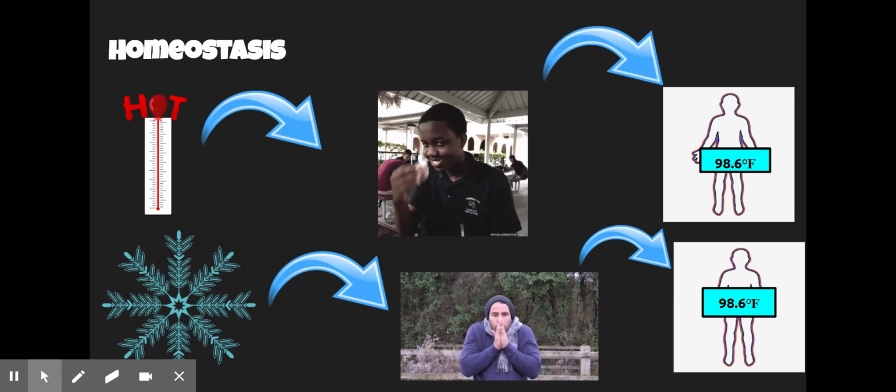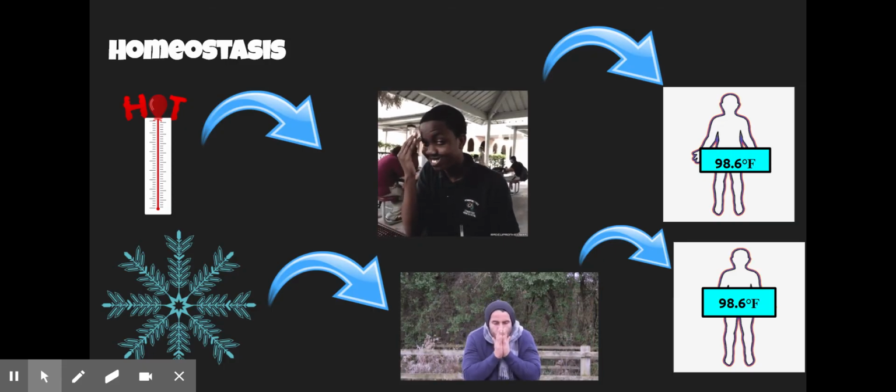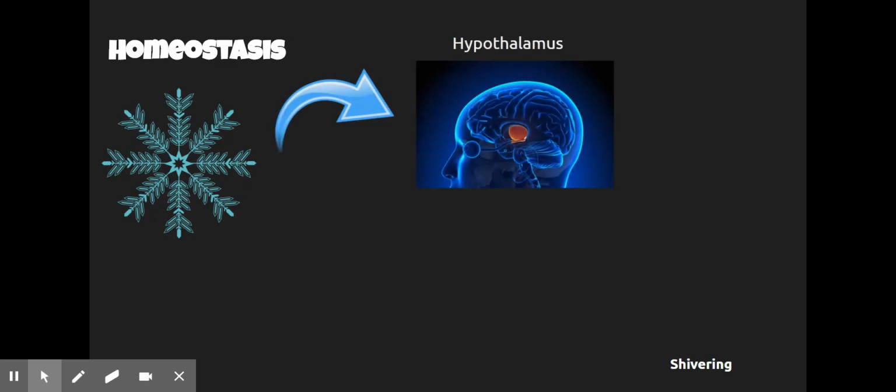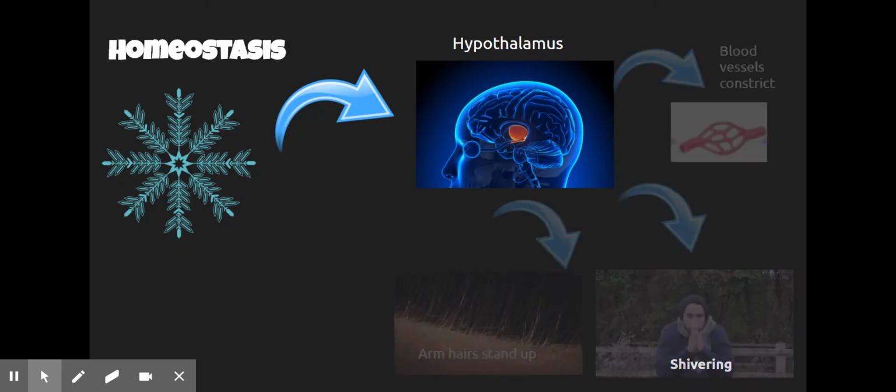All right, so using the example of when it's really cold outside for homeostasis, what happens is the hypothalamus in the brain, so it's a little part inside the brain, the hypothalamus is told that your body temperature has dropped. When it's told that your body temperature has dropped, it sends a warning to other parts of the body.